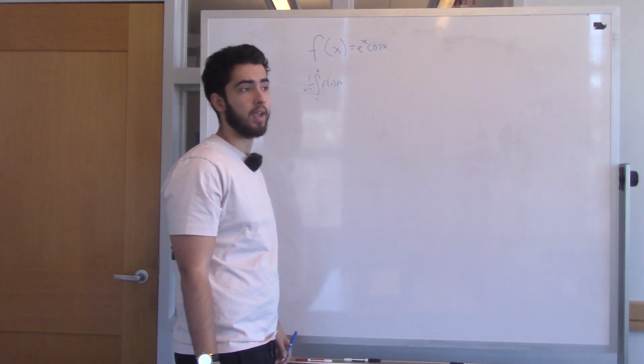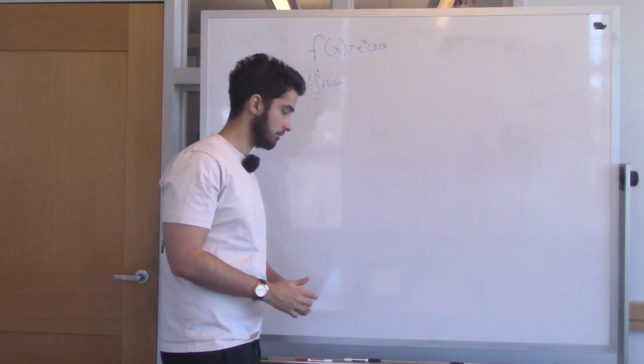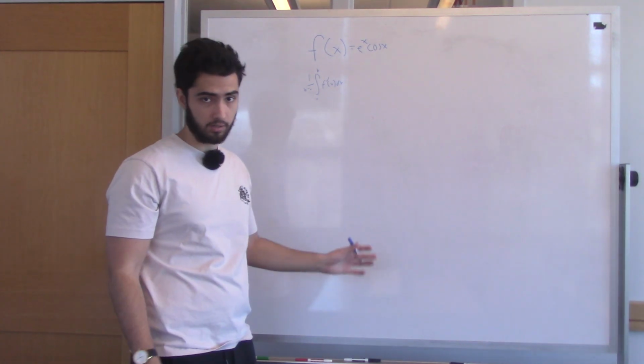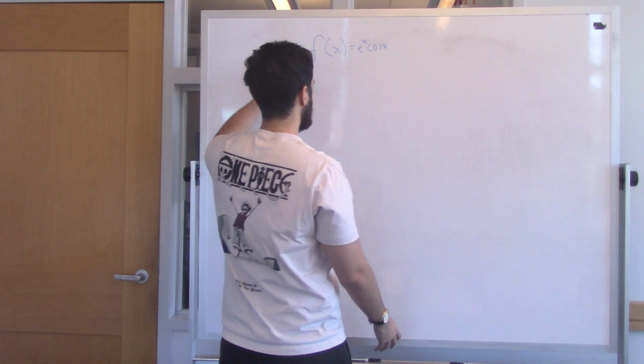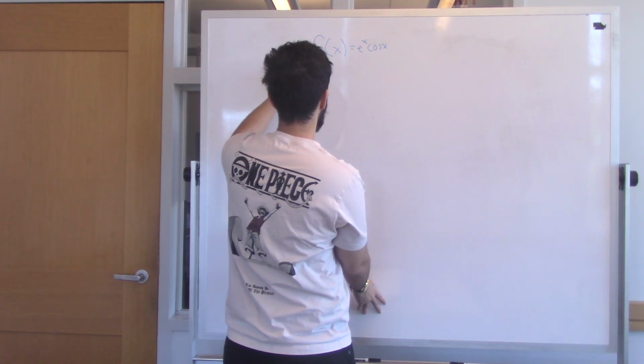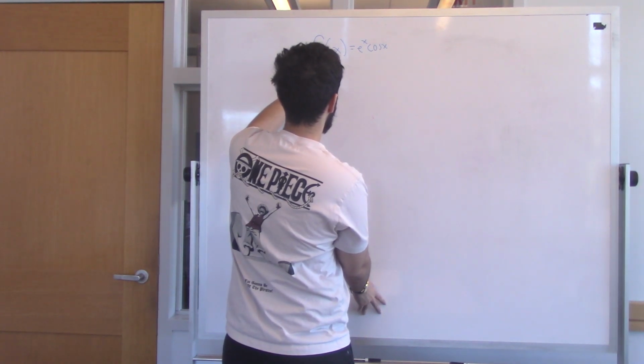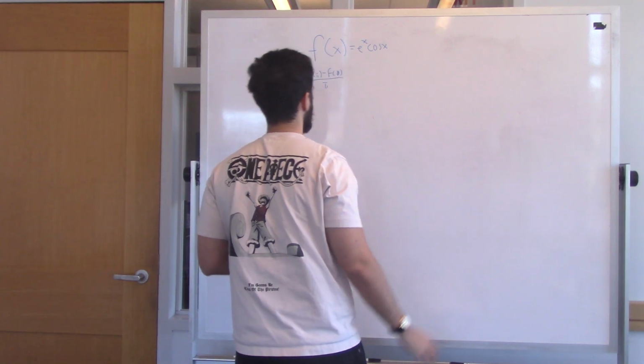You can integrate this by hand, but it's not part of AB, so please just don't even think of that, right? What we're instead going to do is a much simpler thing, the 2-point slope. So we're going to have f of pi minus f of 0 over pi.